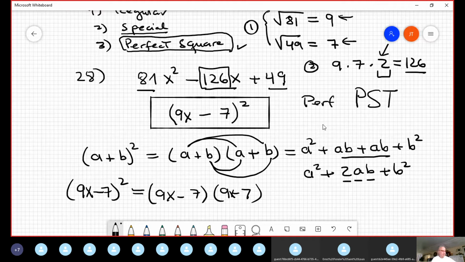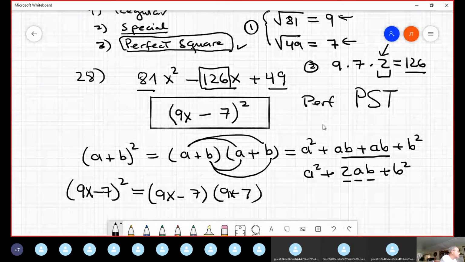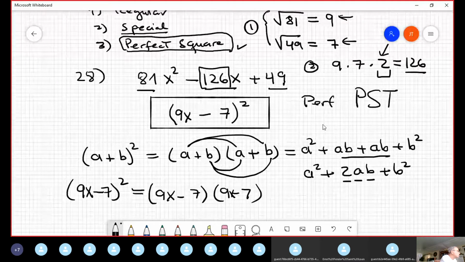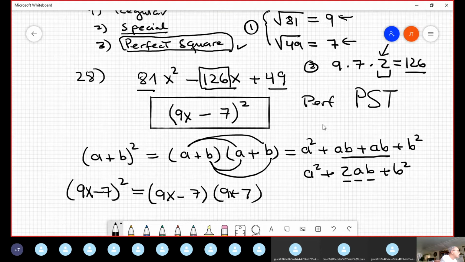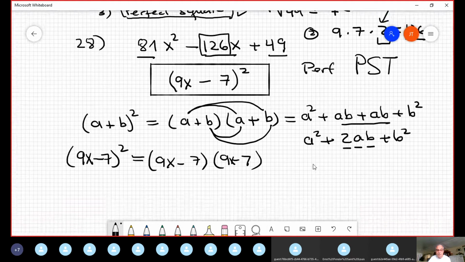Do you understand perfect square? I bring for you another example of the perfect square. It was 28. Okay, now 29. Any questions, guys, on perfect square trinomial?